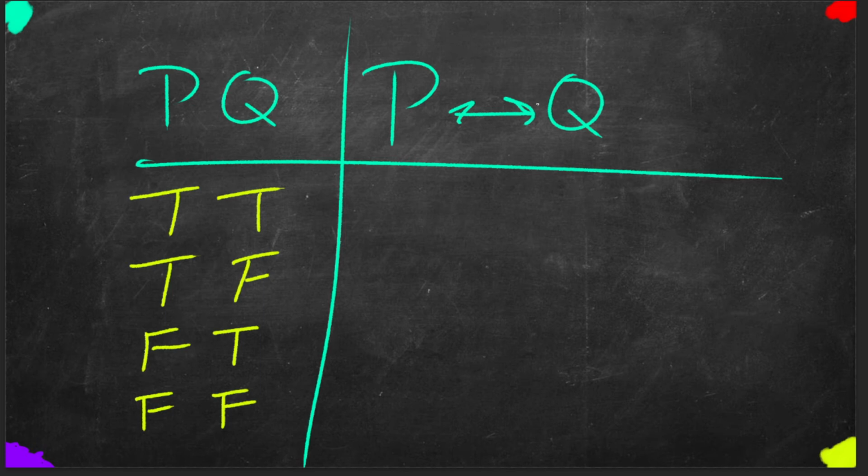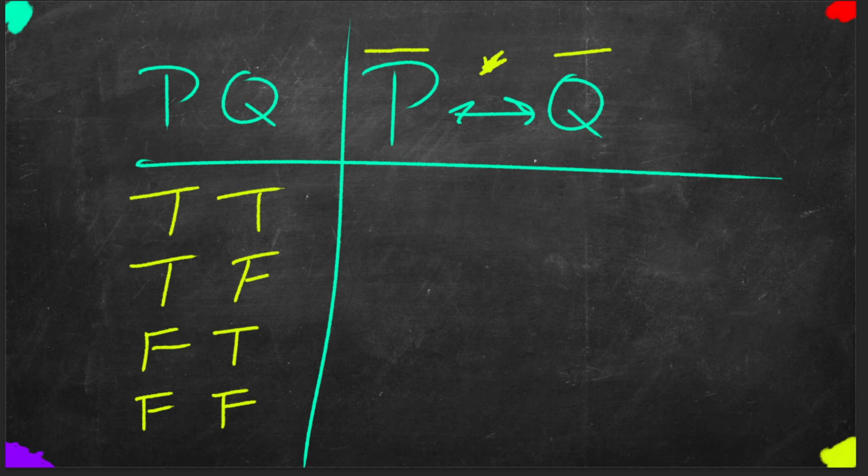And this valuation function, the way it behaves is that the formula is true just in the case that the inputs match. So this valuation function says that provided P and Q have the same truth value, then the formula P double arrow Q, or P if and only if Q, is true.